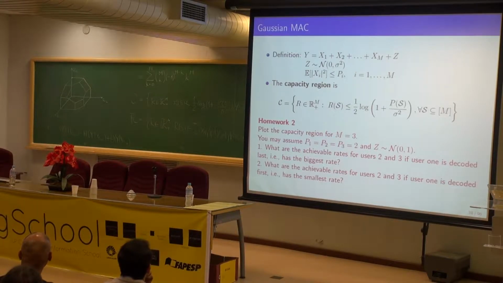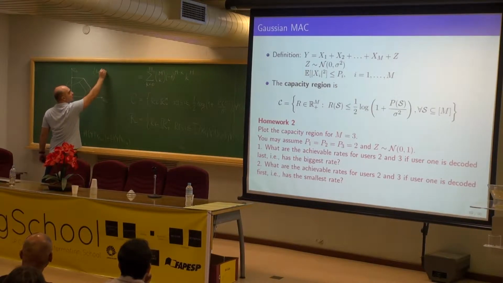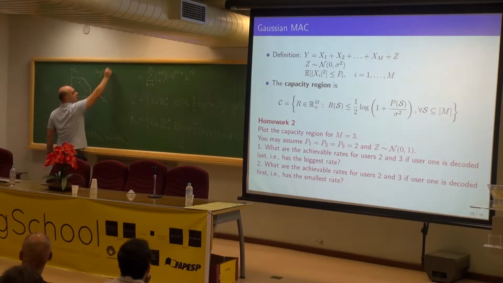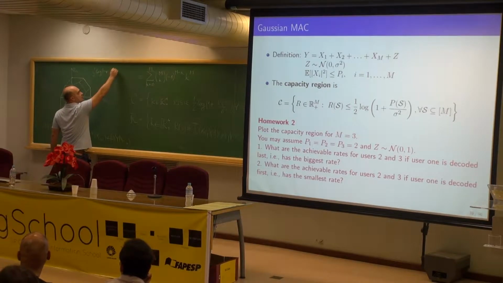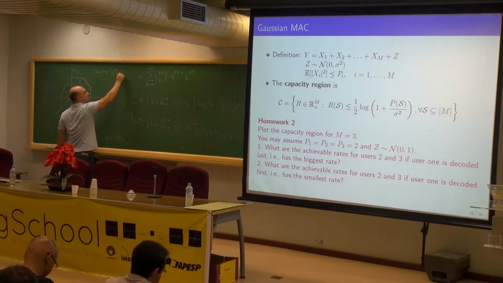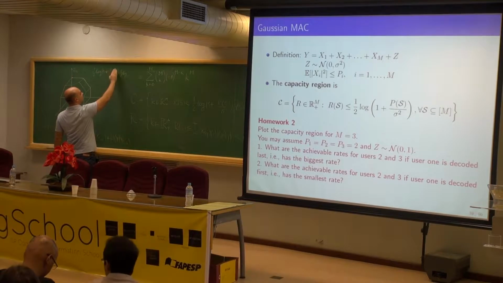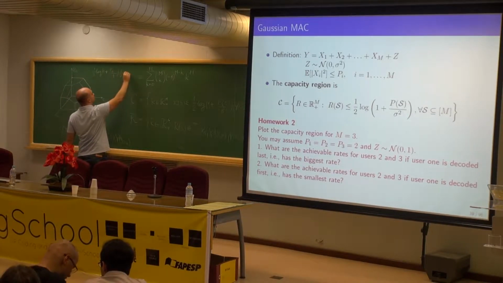So one quantity is 1/2 log of 1 plus P2 plus P3 divided by 1, which gives 1/2 log 3, since it's enough to have P2 divided by 1.